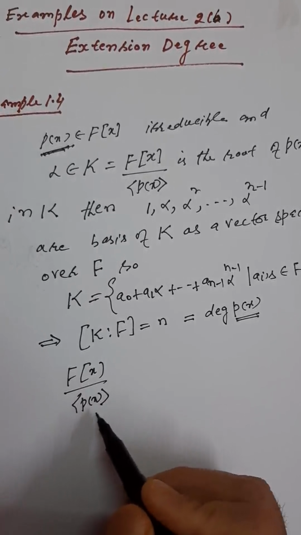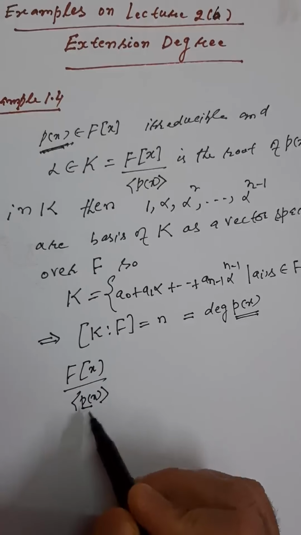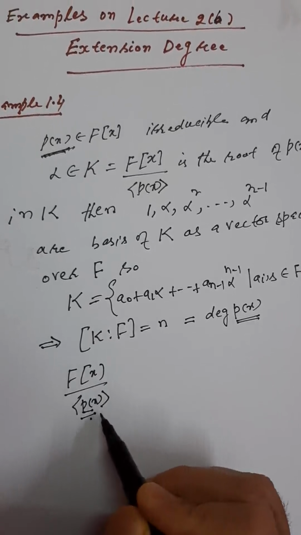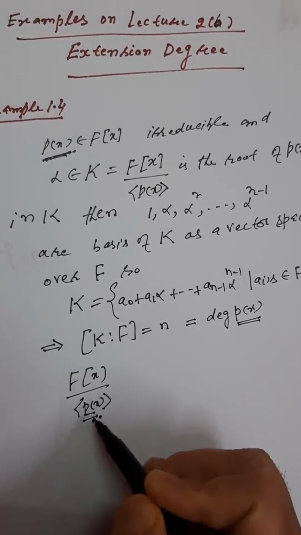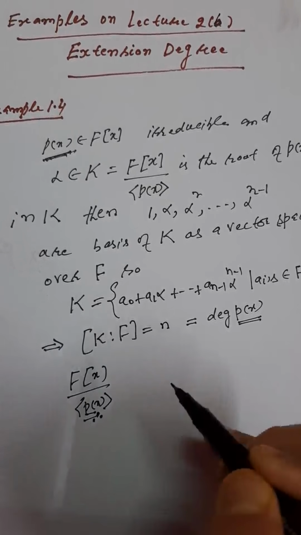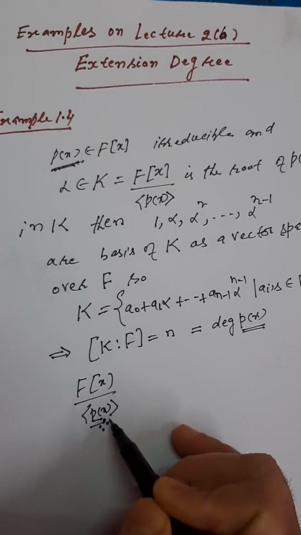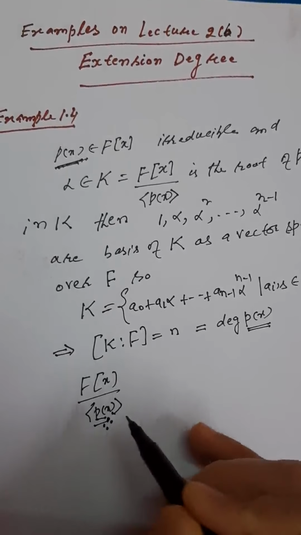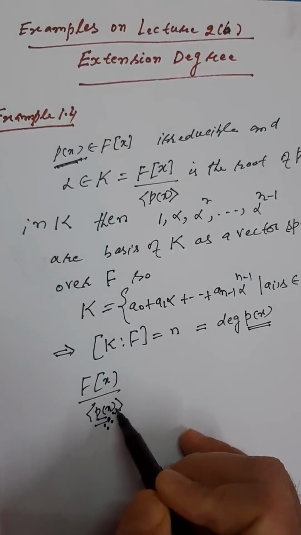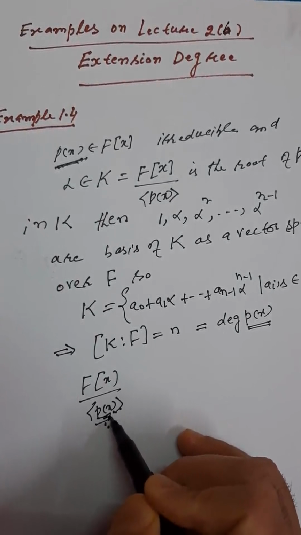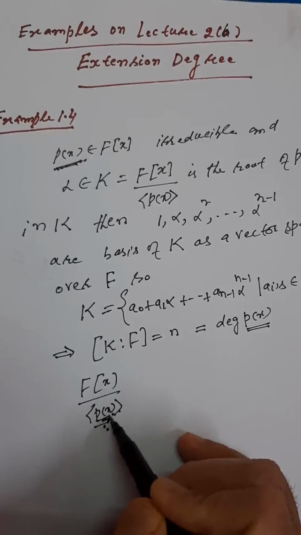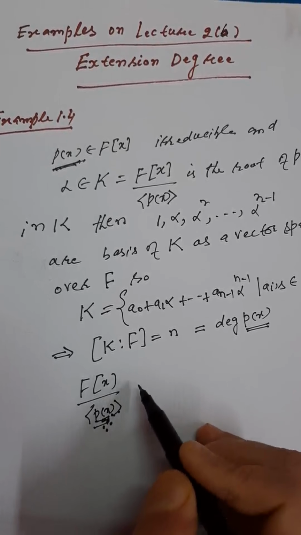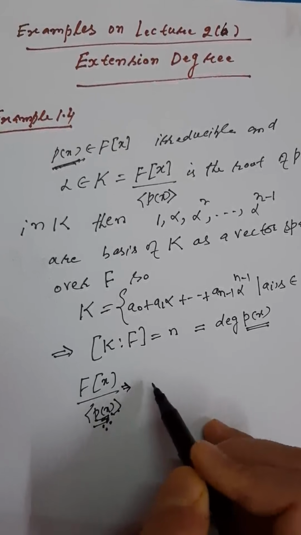And suppose this polynomial p(x) is reducible, then still we can get a factor of this polynomial which is irreducible, and so the quotient becomes a field, and any root of that factor is actually a root of this p(x). So there is no harm if we assume that this polynomial p(x) is irreducible, just to make this quotient into a field.